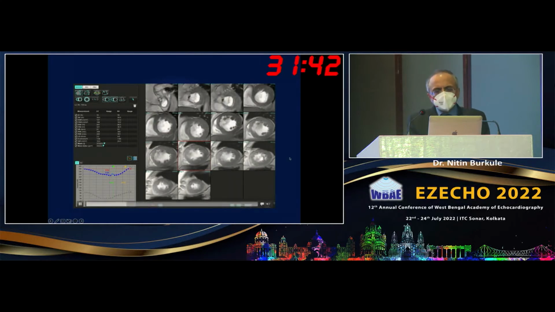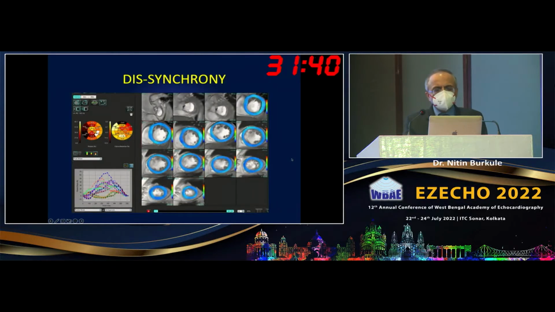And then I can do feature tracking and look at his radial strain. You can analyze the segmental strain when it peaks, because it is a radial strain, so it is going to have thickening or positive strain. If I look at the septum, it is peaking in the isovolumic contraction region, at around 50 milliseconds.